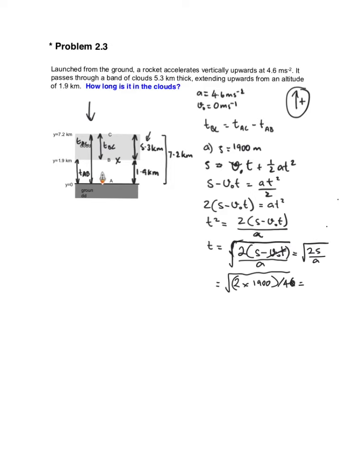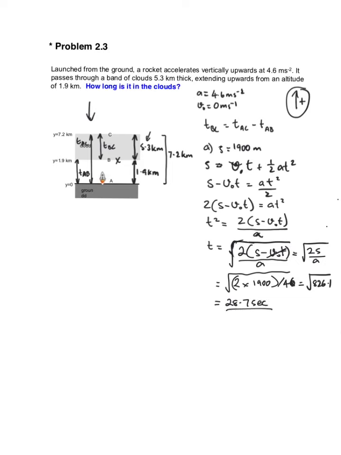And I get the square root of 826.1, which comes out to about 28.7 seconds.